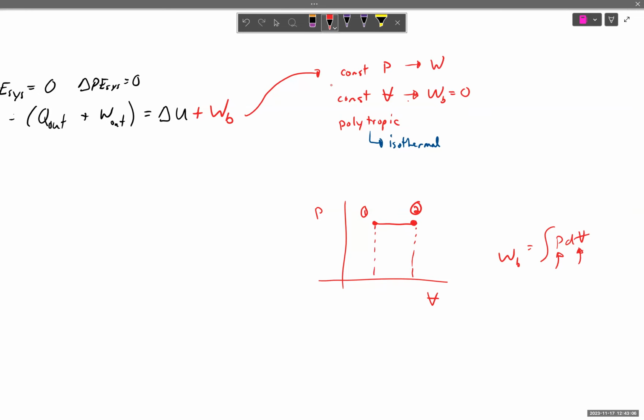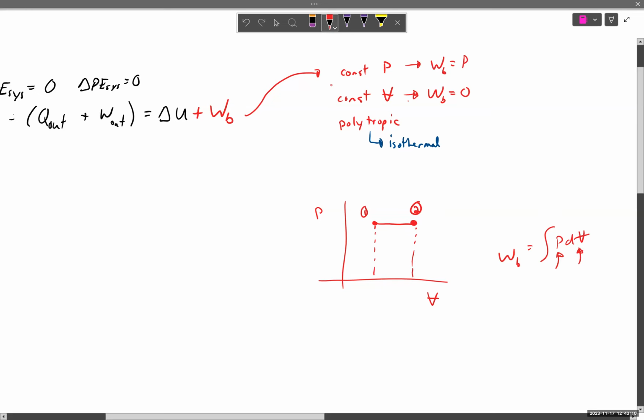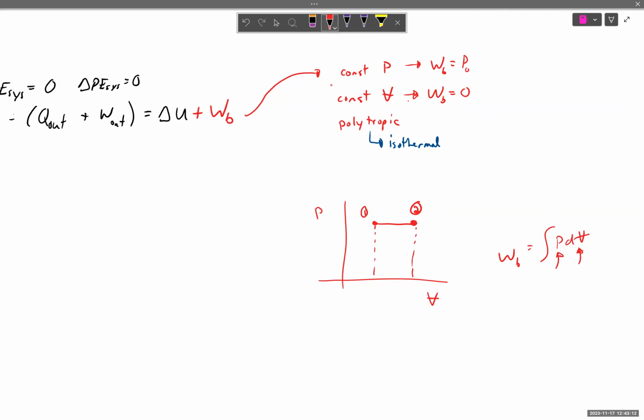So my work on the boundary is pressure at either state one or two. Some people just write P0, but that character is P1 or P2 because they're the same, times my change in volume.